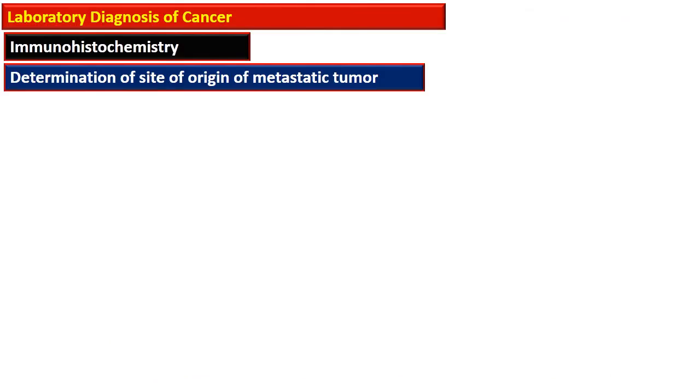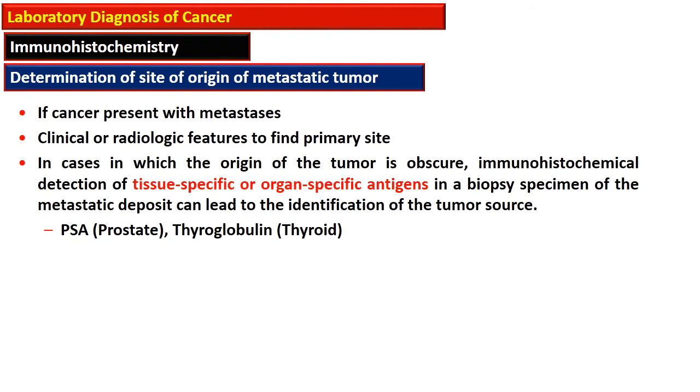Thirty percent of the cancers present with metastasis at the time of their diagnosis. Immunohistochemistry is used for the determination of the site of origin of the metastatic tumor. First, the clinical and radiological features are explored to find the primary site.